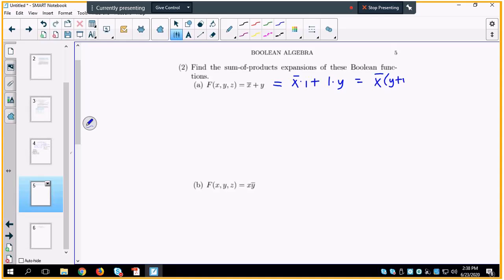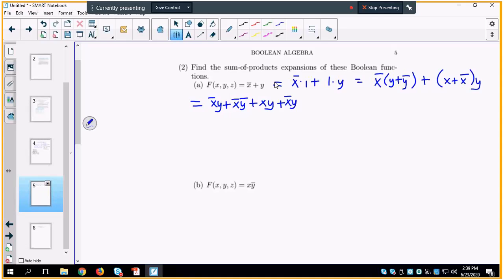So first introducing the y into the x bar term, and replace 1 by x plus x bar times y. Then I'll distribute. So this becomes x bar y plus x bar y bar plus x y plus x bar y.